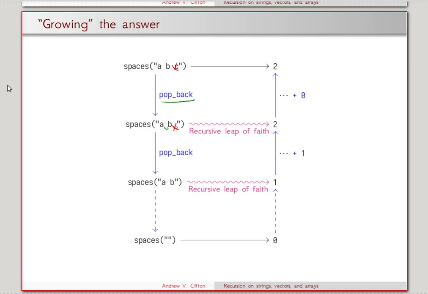So when I look at this string, the recursive leap of faith says that has 1 space in it. So what do I have to do to turn that 1 into a 2? I have to add 1 to it. I add 1 whenever the character that pop_back removes is a space. If pop_back removes a non-space, then you can think of it as adding 0. So on the way back, I'm always adding something. I start at 0, and sometimes I do a plus 0, and sometimes I do a plus 1.